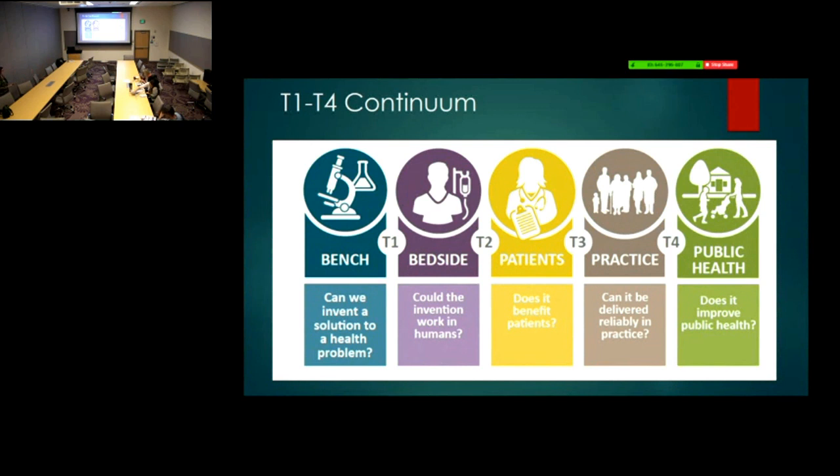Then, does that drug work, not just in the lab with microscopes and chemicals and all that, does it also work with animals, and does it work with humans? So that's a T2. And then, can we actually use it with patients? So that's more like your efficacy type stuff and maybe into effectiveness. And then can it be delivered reliably in practice, and then can it benefit the community?